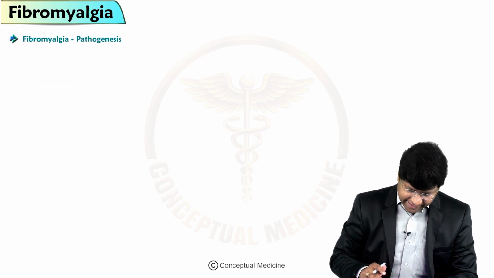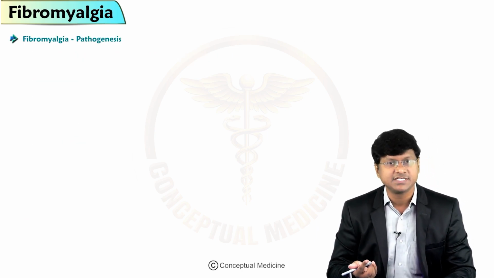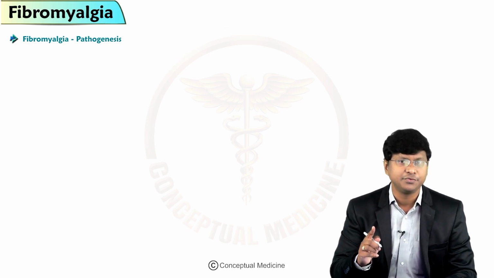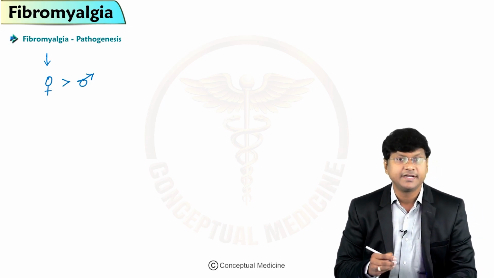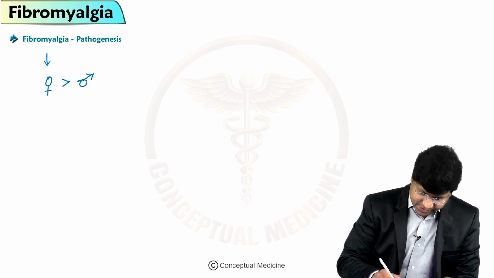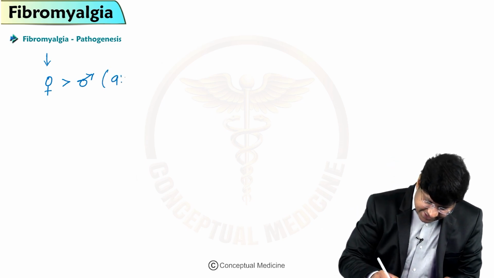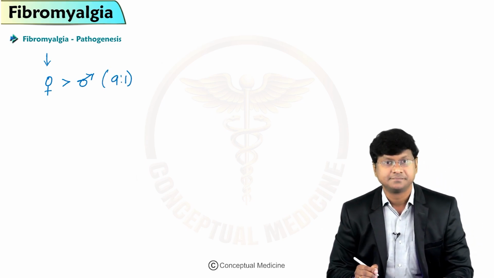Now, what exactly is the pathogenesis? Why does fibromyalgia develop? First of all, you need to know that fibromyalgia is more common in females than males, and the ratio is around 9:1.